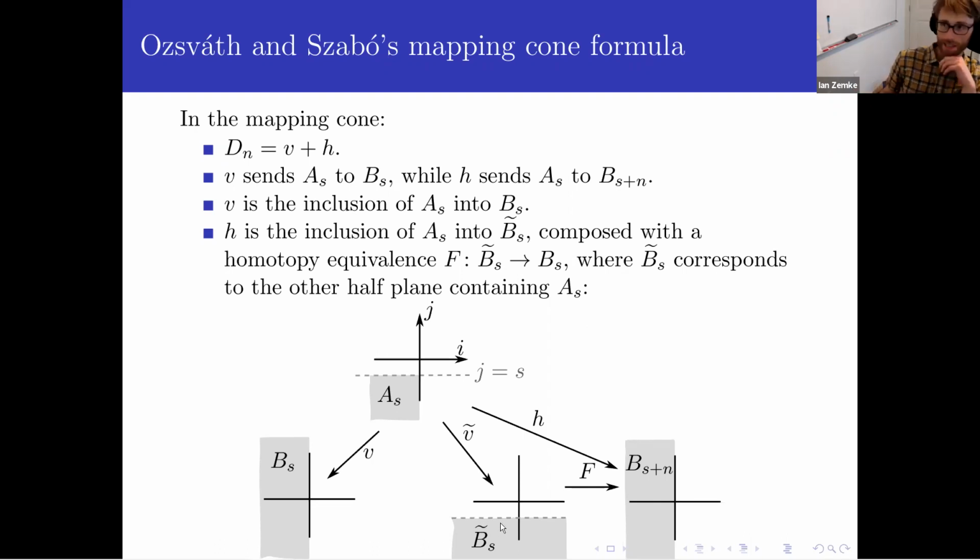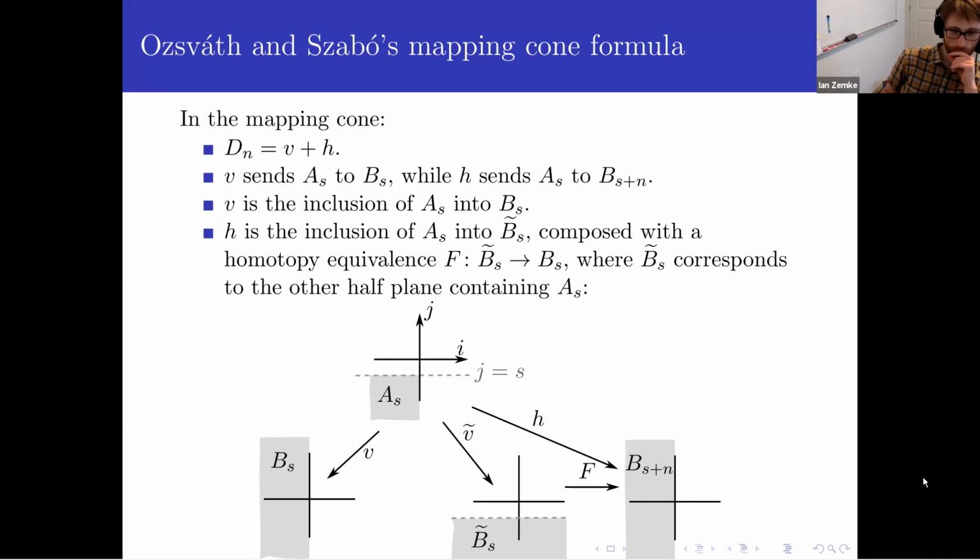which is this other half plane. And for abstract reasons, you know that there's some homotopy equivalence from B sub S tilde to the ordinary B sub S. And so the mapping cone differential H is a composition of an inclusion followed by a homotopy equivalence. And for knots in S3, that homotopy equivalence is determined algebraically, for algebraic reasons; there's no indeterminacy in this homotopy equivalence.